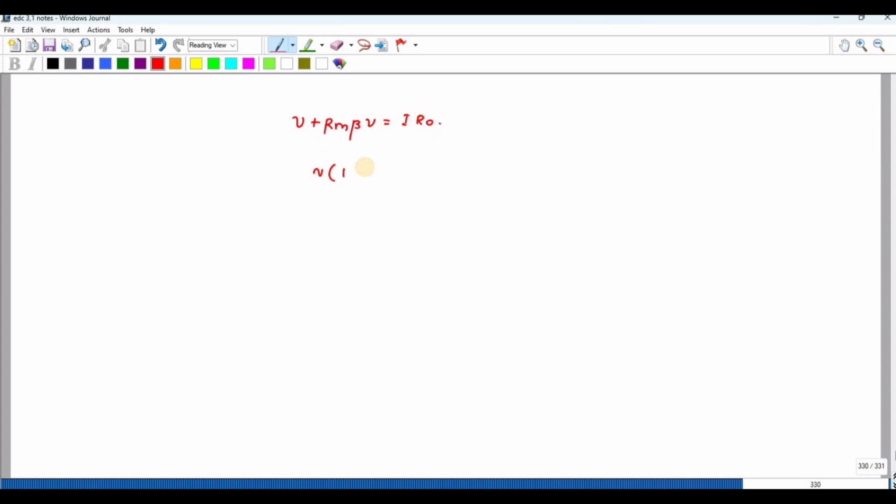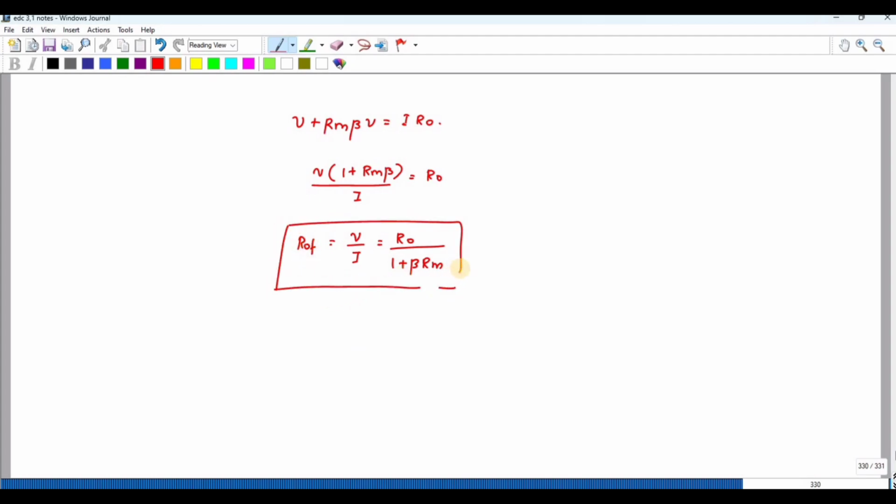So V I take common, and I divide the whole term by I, I will get R naught. So V by I is equal to R naught divided by 1 plus beta Rm. So what is V by I? V by I is nothing but R naught F. So you can see the output resistance also decreased by the factor of 1 plus beta Rm.